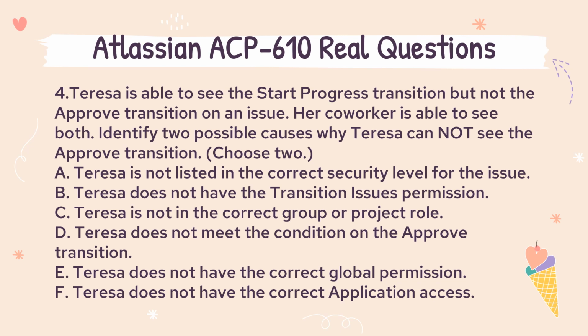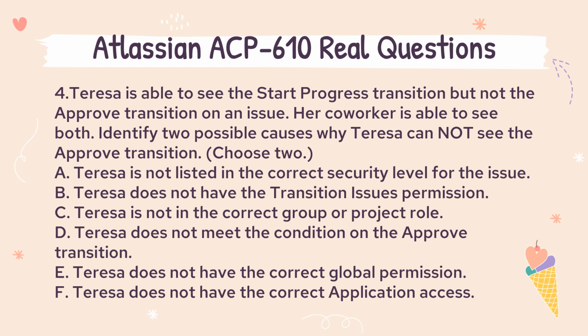4. Teresa is able to see the start progress transition but not the approve transition on an issue. Her coworker is able to see both. Identify 2 possible causes why Teresa cannot see the approve transition. Choose 2. A. Teresa is not listed in the correct security level for the issue. B. Teresa does not have the transition issues permission.